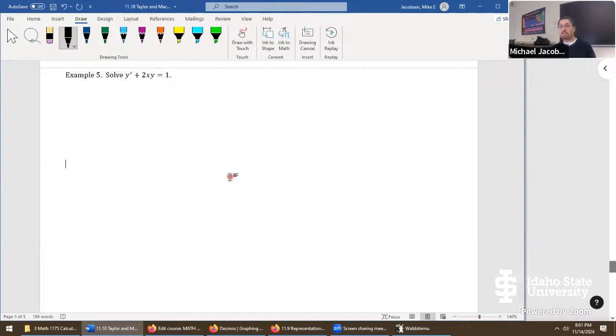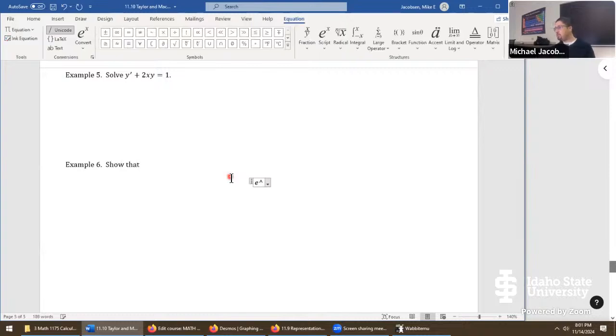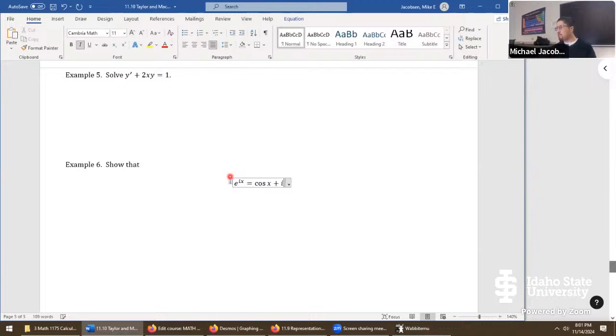If time permits, let's actually do an additional one. Example 6. Show that e to the power ix is equal to cosine x plus i sine x. This is one of the world's most random formulas, but this is really just a consequence of the power series for e to the x.